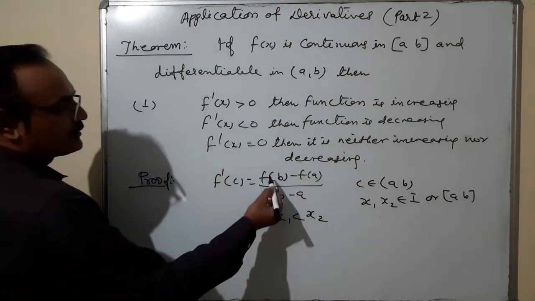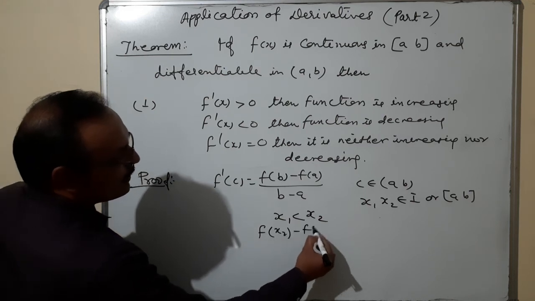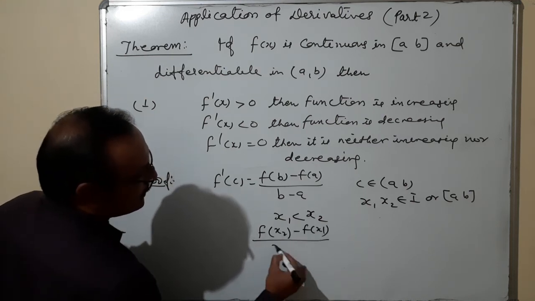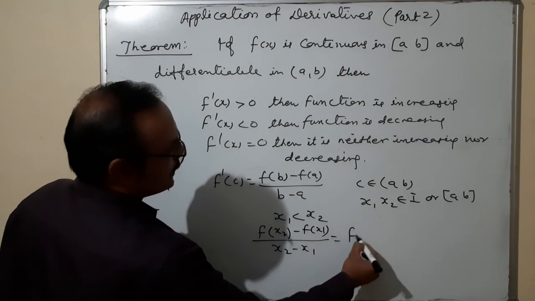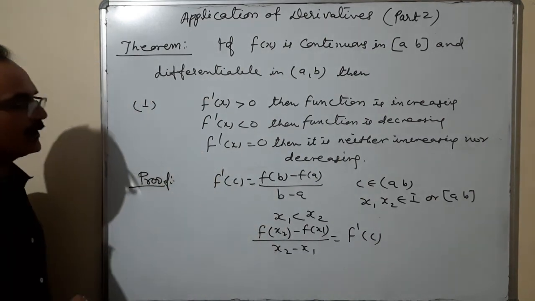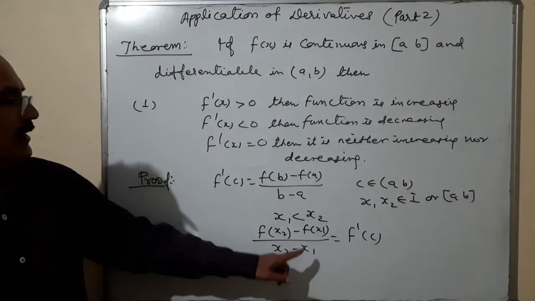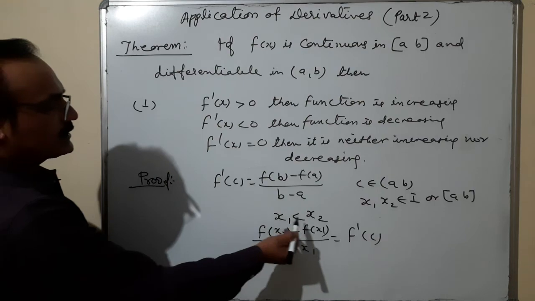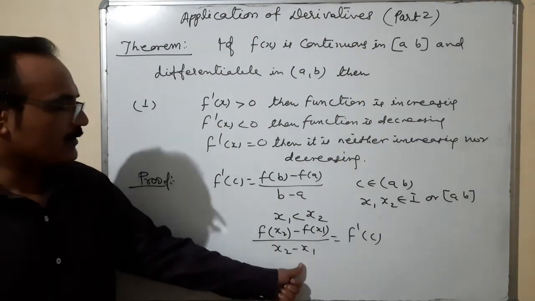Then f of x2 minus f of x1 upon x2 minus x1 is equal to f dash C. Here we have taken x1 less than x2, so x2 minus x1 is a positive term.